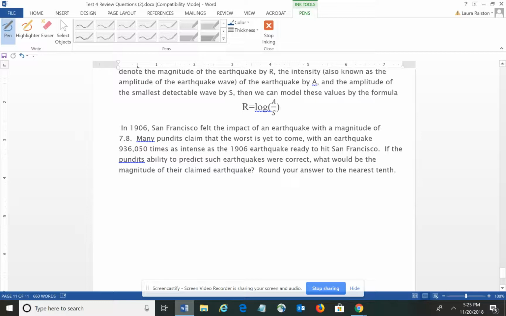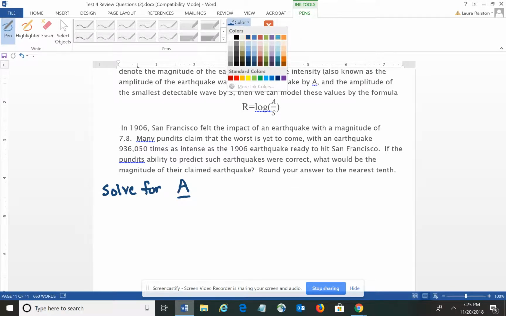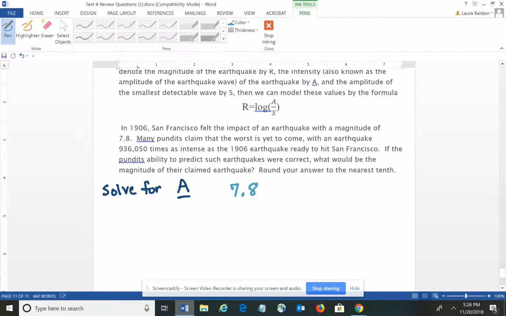So the first thing we're going to do is solve for A. We need to know the amplitude of the earthquake in 1906, so I'm going to substitute into the formula. I had a 7.8 magnitude earthquake, with an unknown amplitude and an unknown smallest wave, because I don't know those two things.